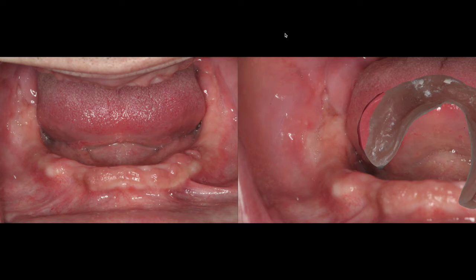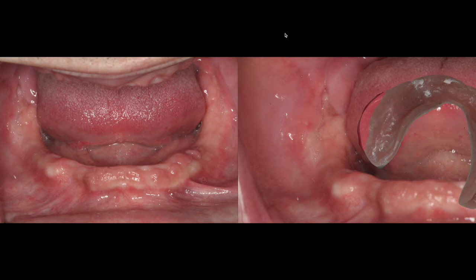So when you look, this patient came in complaining about pain only when biting hard. Normally, wearing the prosthesis, the patient is comfortable, but the patient complains when they eat hard food, that's the time the patient feels discomfort inside their mouth.